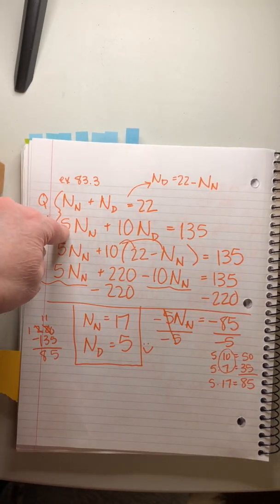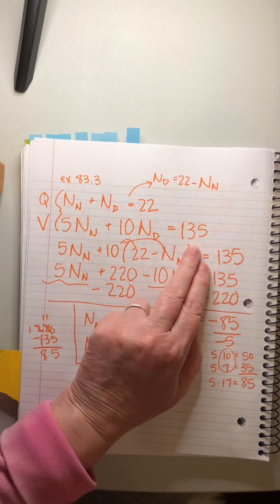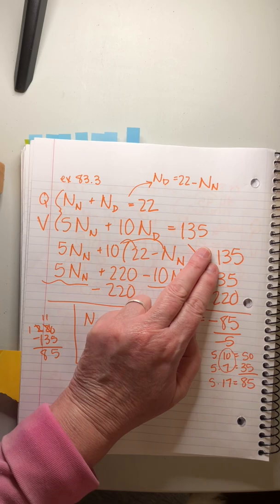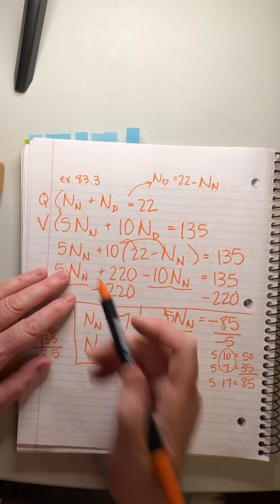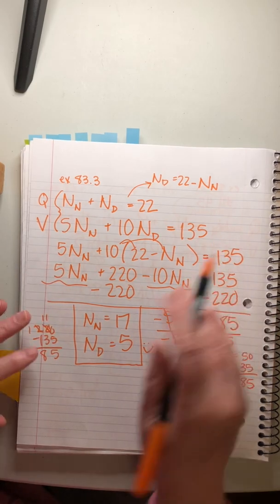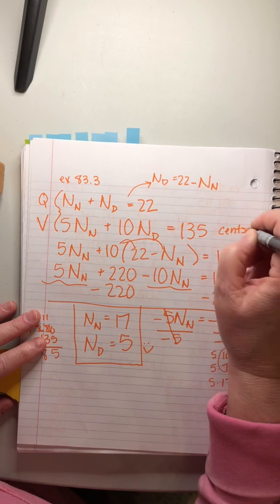And we have to use a little common sense here. We have to remember how much coins are worth. Duh. And we have to remember that 135 cents is the same as $1.35. And we have to make sure that all of this is written in the same unit. And I choose cents. Cents for the win.